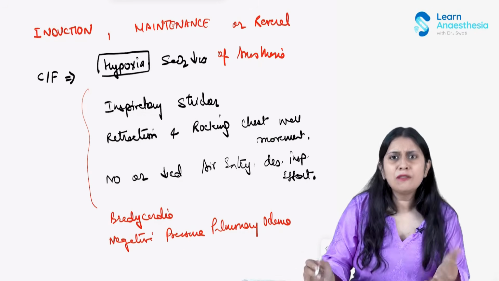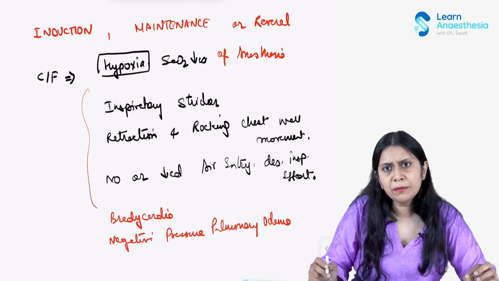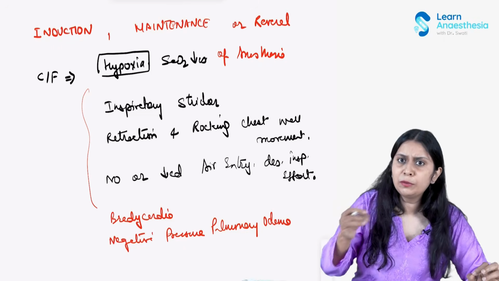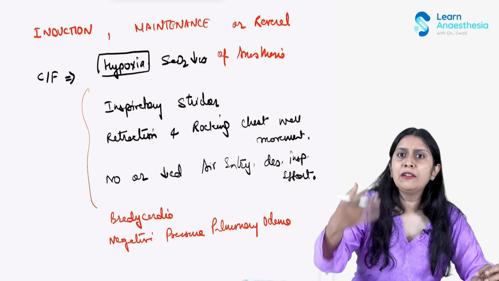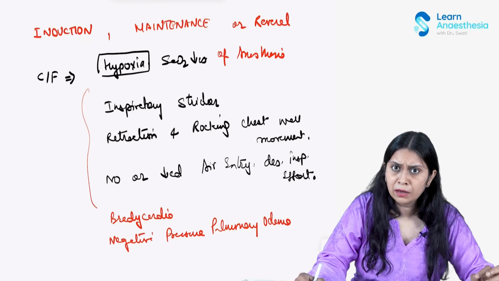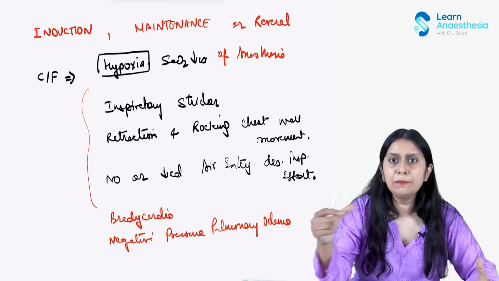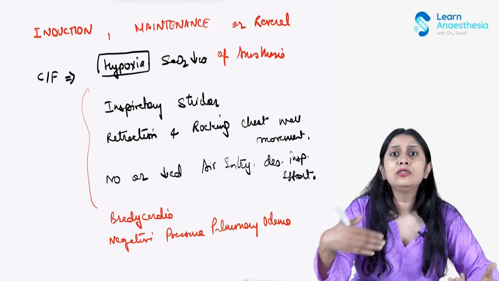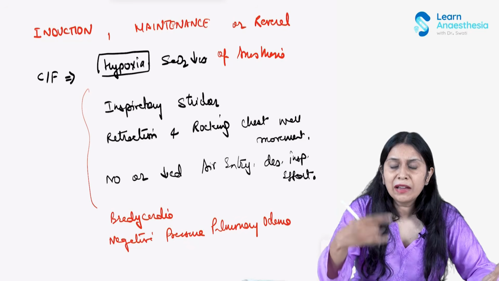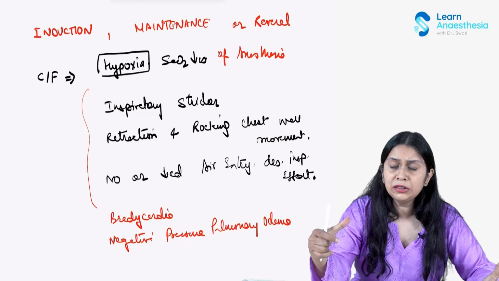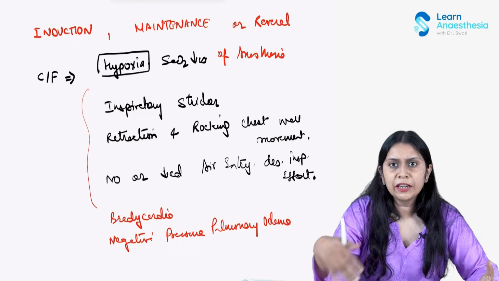The presentation would be the same as any other pulmonary edema. That is, there would be crepitations on auscultation, and we will see pink frothy secretions, right? This is more commonly seen in young patients because they can generate such a high pressure against the closed glottis, which results in negative pressure pulmonary edema.